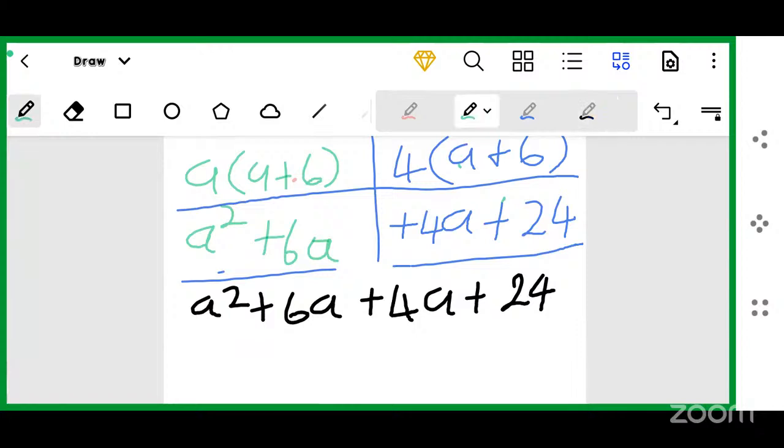Ma'am, 6a and 4a. Okay, so what is 6a plus 4a? Ma'am, 10a. 10a. So we already found that this is 10a, so we're going to have our plus 10a.